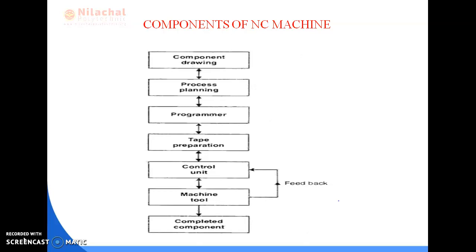Then the control unit and machine tool. This machine tool and control unit are connected by a feedback device. Means if any problem is there, that can be known and rectified with the help of the feedback device. Then we will get a completed component.